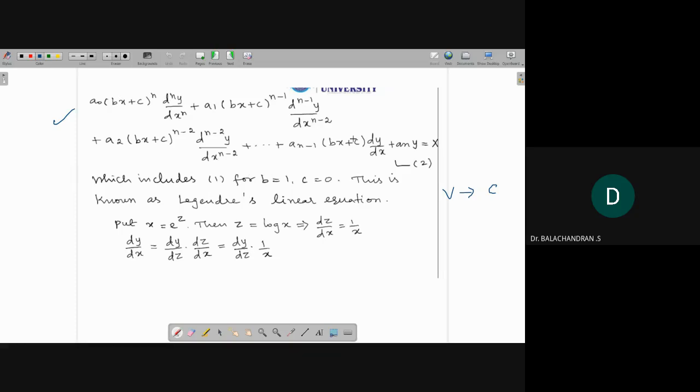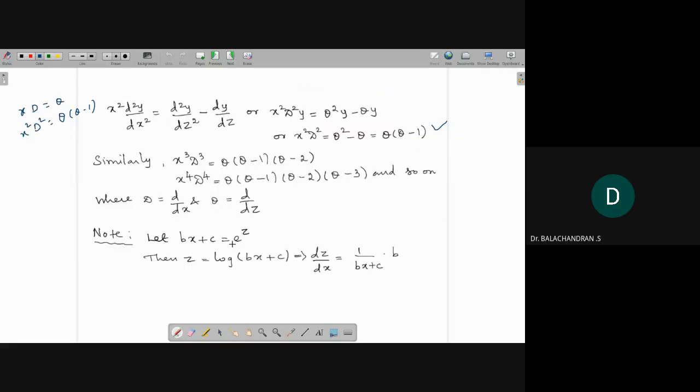Here the substitution is, instead of bx plus c, we take z: bx plus c equals e power z. So z equals log of bx plus c, and dz by dx is equal to 1 by bx plus c into b.